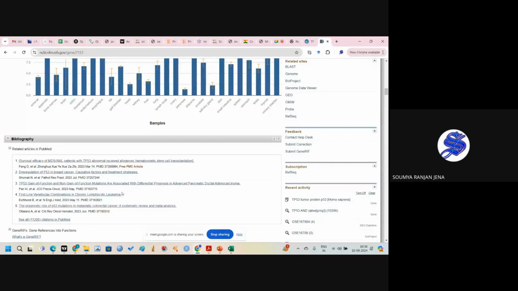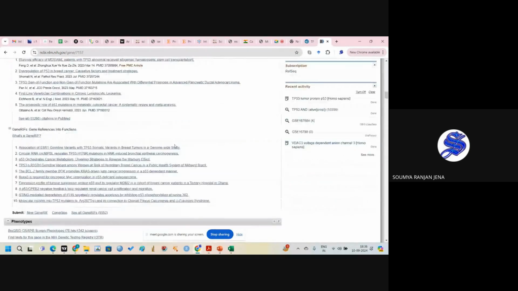And these are the references where people refer to different TP53 abnormal expression, what it will cause, dysregulation of P53 in breast cancer, positive factors and treatment. These are all references citing this protein P53's functions.